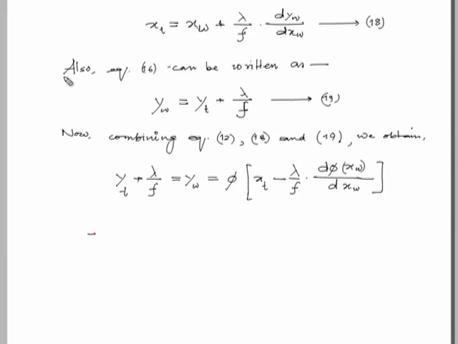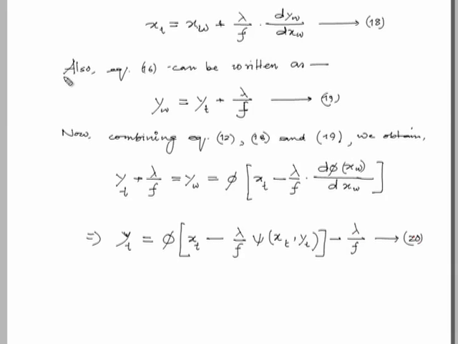On simplification, this will yield y t equal to phi of x t minus sigma by small f psi of x t y t minus the other term sigma by f. Let us consider this as equation 20.